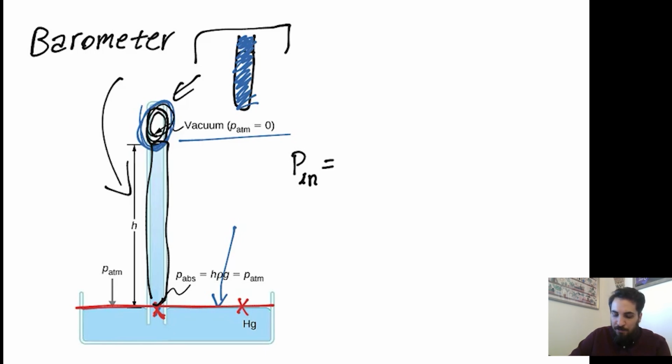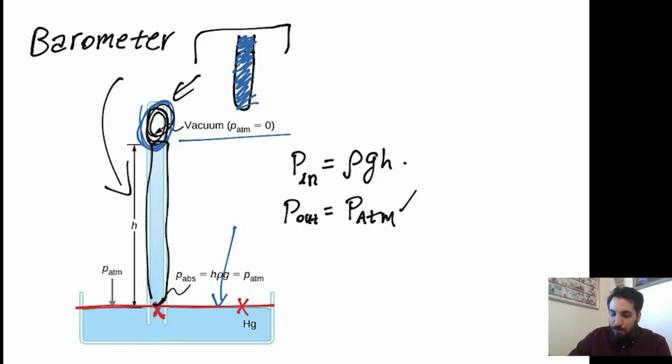So the pressure inside is going to be rho GH, and historically we've used mercury, and that's going to be useful in a second. The pressure on the outside is going to be the pressure due to atmosphere, and that's it.